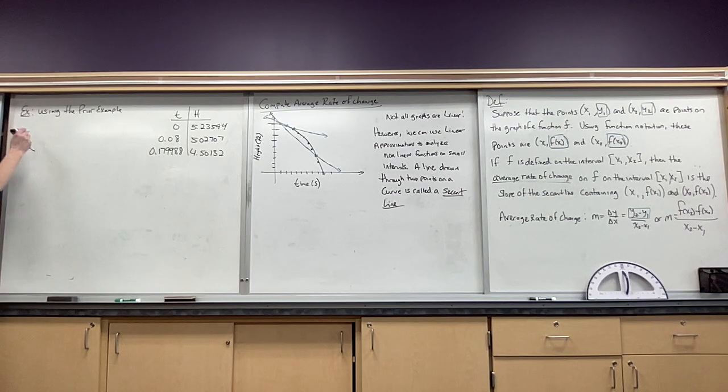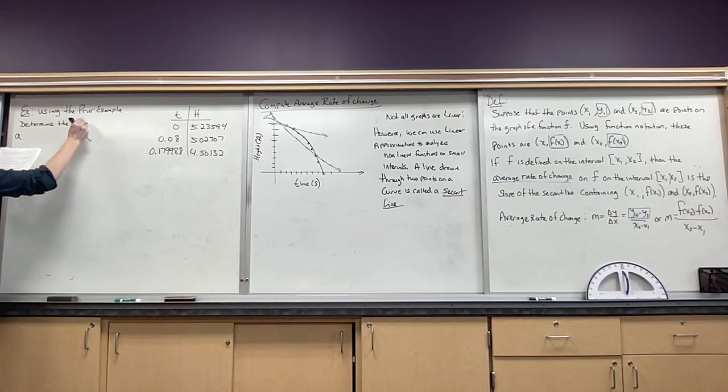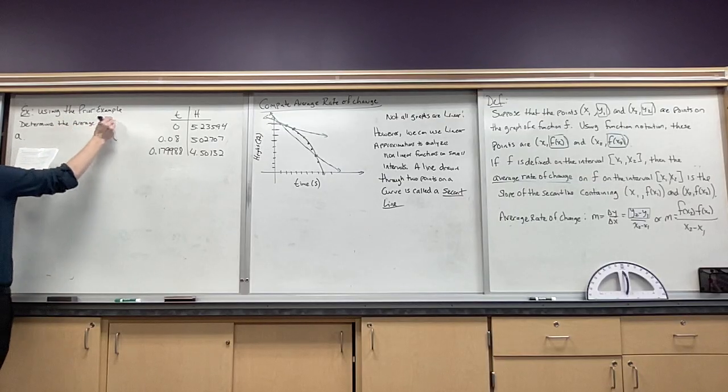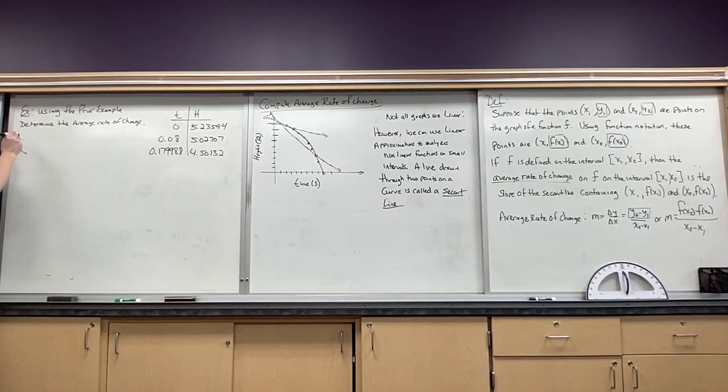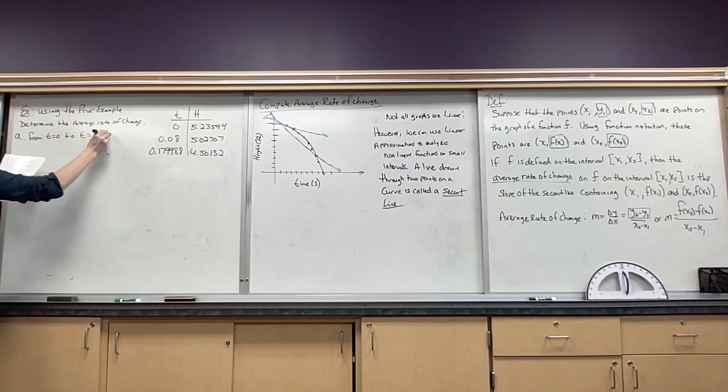So the first thing we're going to do is, it says here, determine the average rate of change. So part A is from t equals 0 to t equals 0.08 seconds.